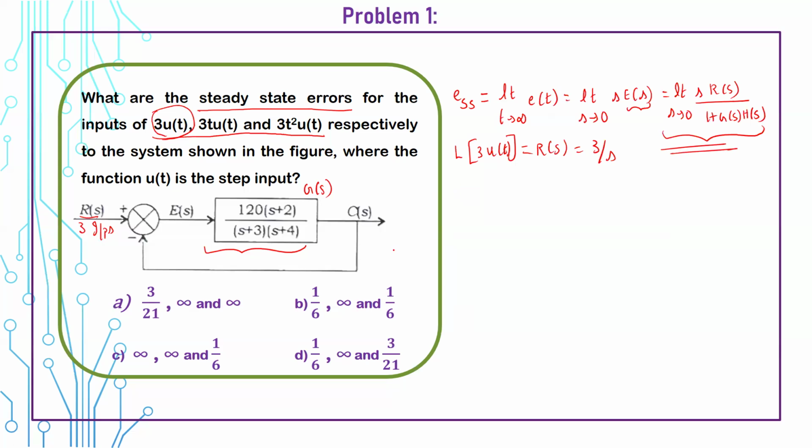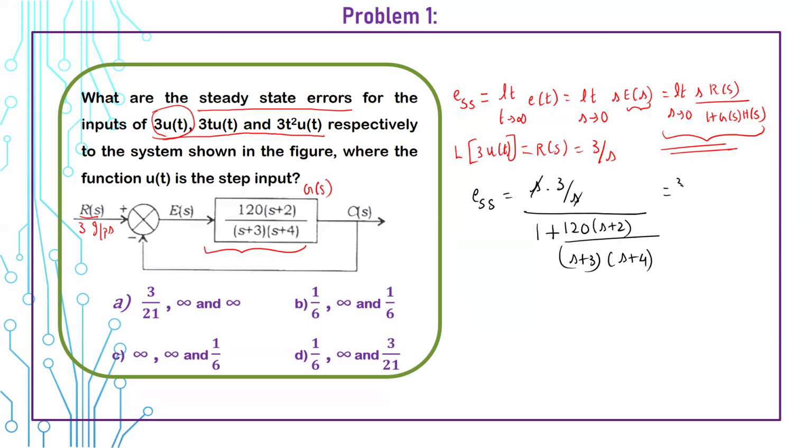So ESS, that means steady state error value, is equal to s into, instead of R(s), I am substituting 3 by s, whole divided by 1 plus G(s). Instead of G(s), I am going to substitute the given value 120(s plus 2) by s plus 3 into s plus 4. Here in the numerator, s gets cancelled.